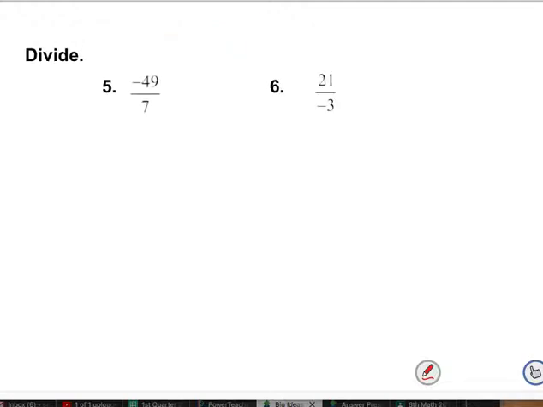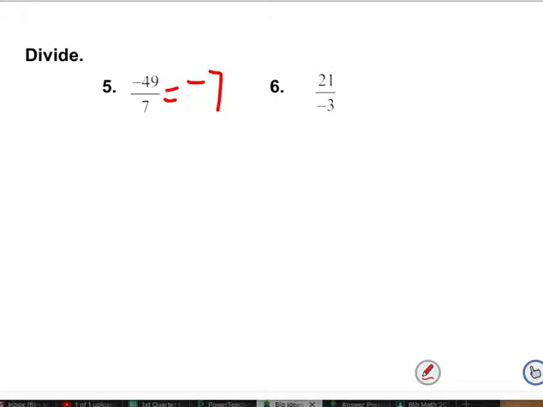Number 5. What's my answer going to be? Write it on your whiteboard quickly. Negative 49 divided by 7. Nice job, ladies and gentlemen. Negative 7. 21 divided by negative 3.